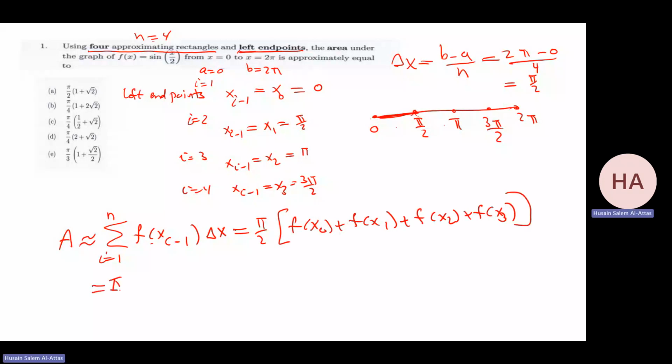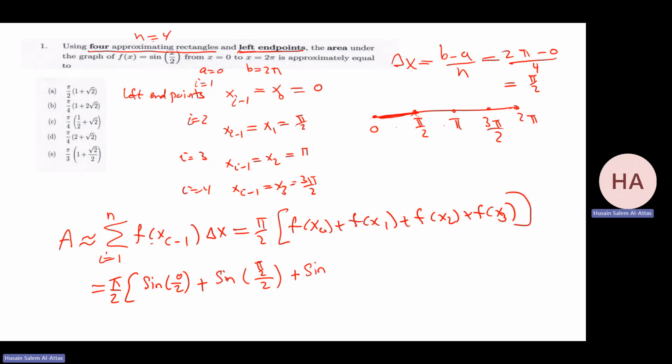Okay, that will be pi over 2 times what? F of x0 is f of 0, which is sine 0 over 2. Plus x1 is pi over 2, so I have sine of (pi over 2) over 2. Okay, I'm doing it in details.